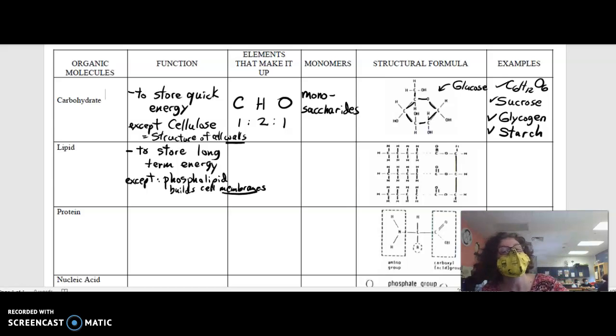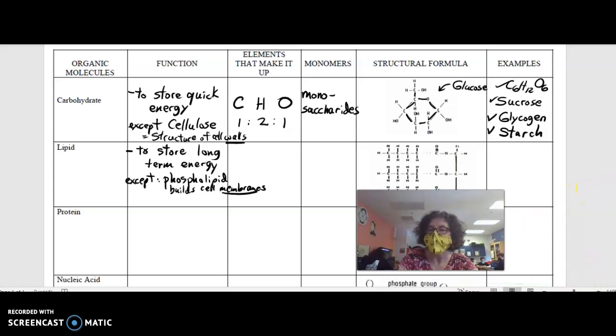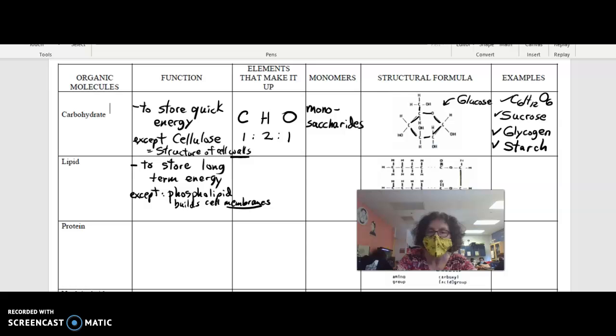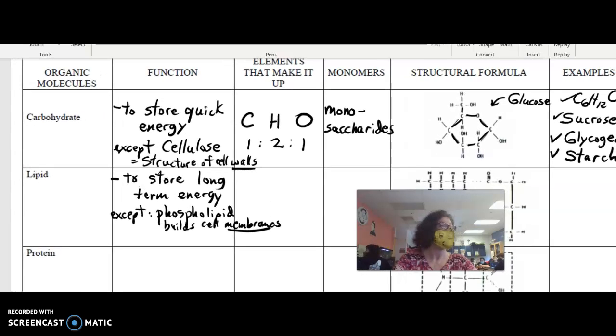Yes. Can I zoom in? I think my camera is in the way. Let me see if I can. Hold on. I think I can do that. There. Hold on. How's that? That better? Yes?